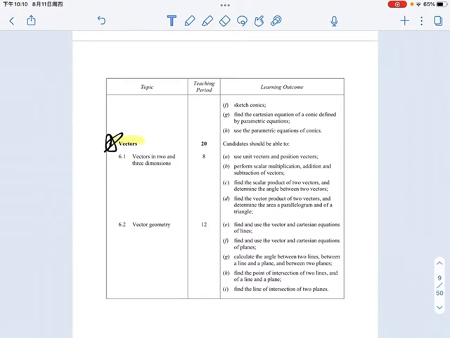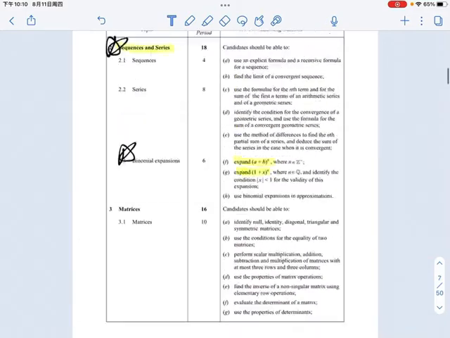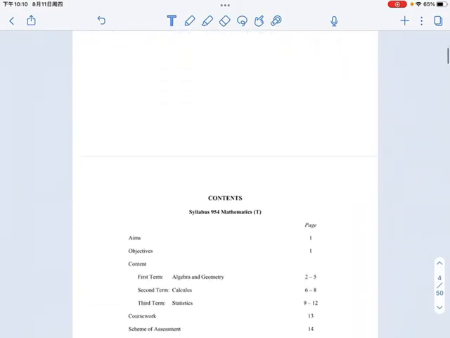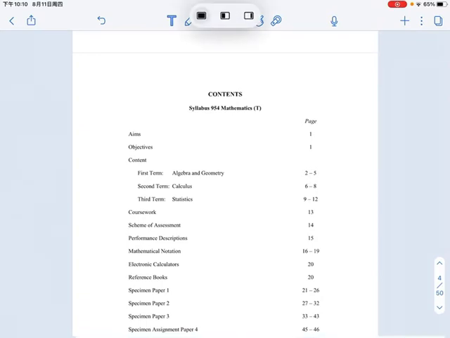These 3 topics you have to put a lot of effort into, because in the first term you focus on algebra and geometry. That's why you have to do a lot of questions every day to catch the techniques on how to answer different questions.